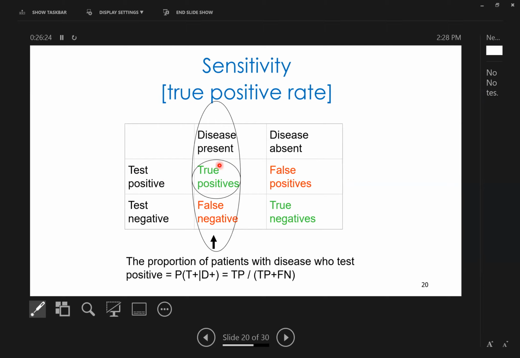So cell A divided by the entire column total gives you a percentage. That percentage is called sensitivity, right? If every single person who's angiogram positive is also positive on the Apple Watch, then this proportion will be 100%. The sensitivity will be 100%.